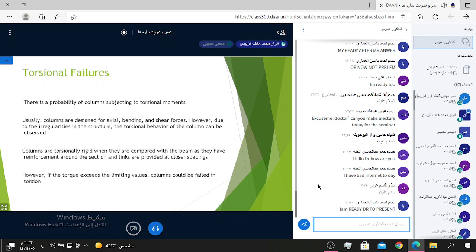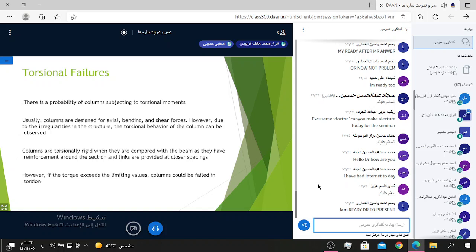Okay, torsional failure. There is a probability of columns being subjected to torsional moments. Usually, columns are designed for axial, bending and shear forces. However, due to irregularities in the structure, torsional behavior of the column can be observed.